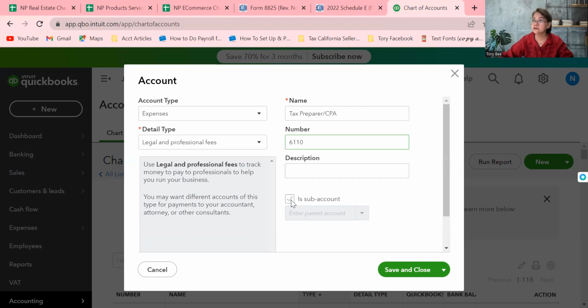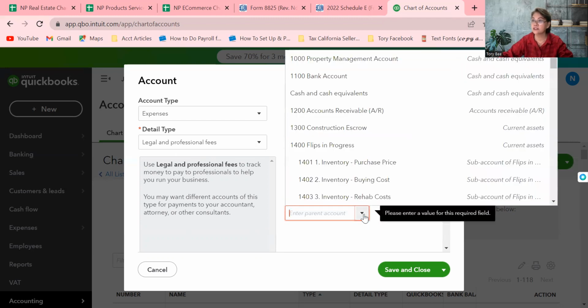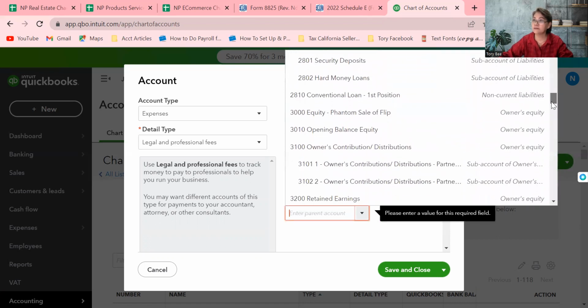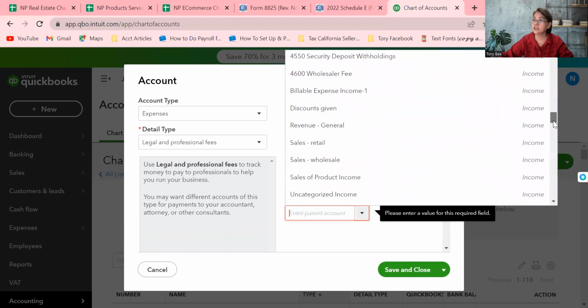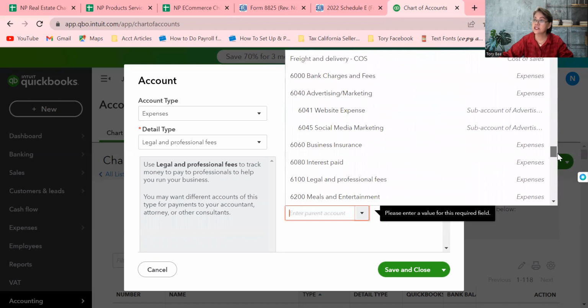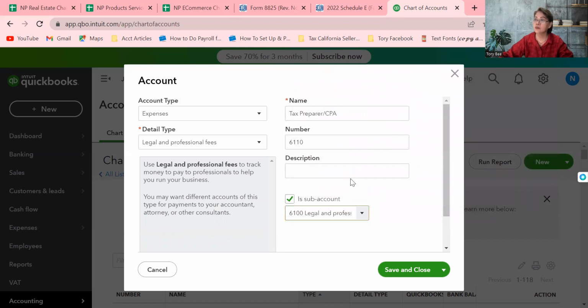And this is a sub account, okay? This is a sub account of this. I'm gonna click this, we will look for the 6100. 6100 is the mother account. Remember the one that we newly created? 6100 here. Boom.